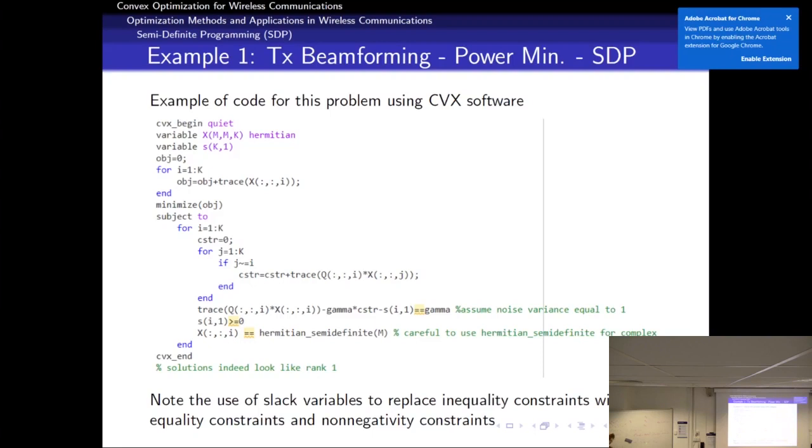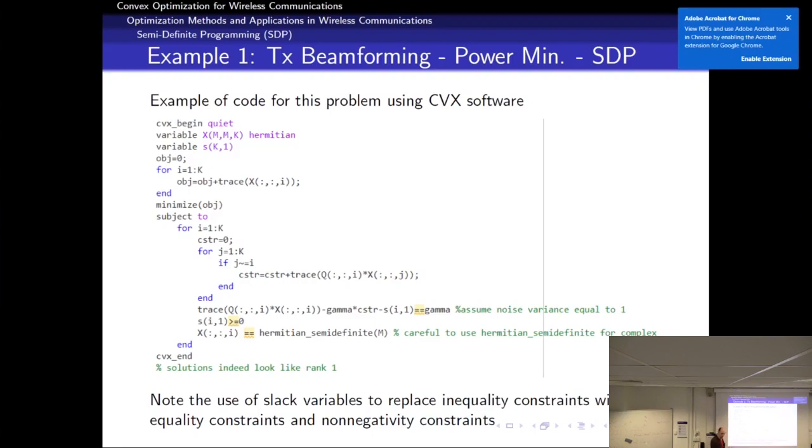So if I have an inequality constraint, and CVX expects me to write this as an equality constraint, essentially I can say, well, this is my equality constraint that is obtained by introducing an additional variable, called here slack variable, that is just there to replace the inequality constraint with an equality constraint, right? So this is what we have here, and this is what CVX expects for this kind of relationship. This is always fine. This is not an issue. And so that's why you have here an equality constraint, and here you have an inequality on positive.